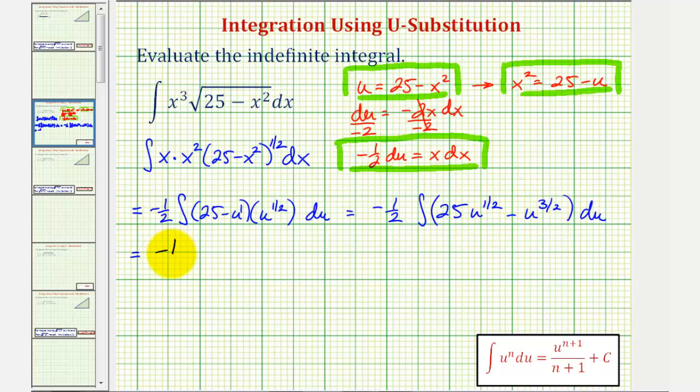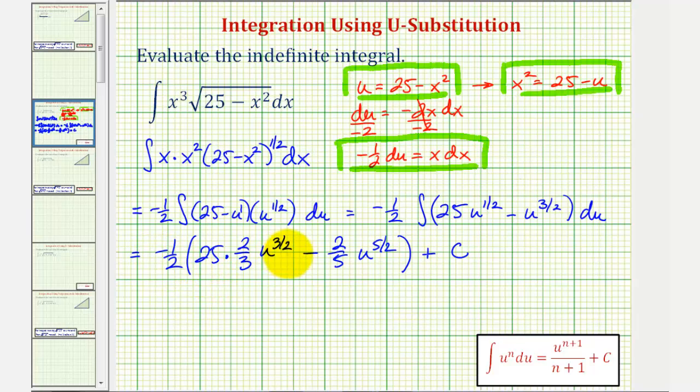So we'll have negative 1/2 times 25 times the antiderivative of u to the 1/2, which would be u to the 1/2 plus 1, that's u to the 3/2, divided by 3/2. But instead of dividing by 3/2, let's multiply by 2/3. So we'd have u to the 3/2 and then times 2/3, minus the antiderivative of u to the 3/2, which would be u to the 5/2 divided by 5/2, or 2/5 times u to the 5/2.